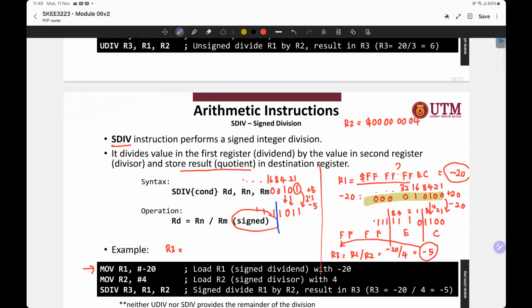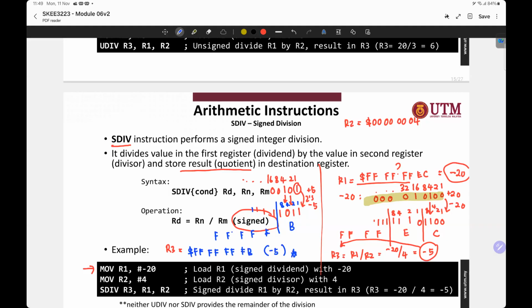So this one will be 1, 2, 4, 8. 8 plus 2 is 10. 10 plus 1 is 11. 11 is actually B. And this one is F, F, F, F, F, because toward the 32 bits, you will have 1, 1, 1, 1, 1, 1. So your R3 value will become F, F, F, F, F, F, F, B. So this is actually negative 5.